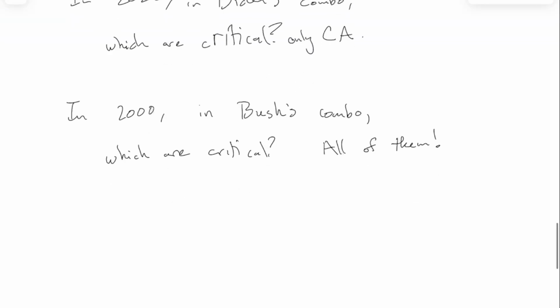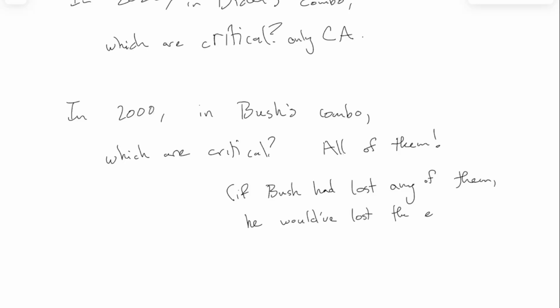What that means is if Bush had lost any of those states, he would have lost the election. Super close. The Trump versus Clinton or Trump versus Biden were not nearly as close in that sense. All right. I thought that was just a cute little historical real-life example.